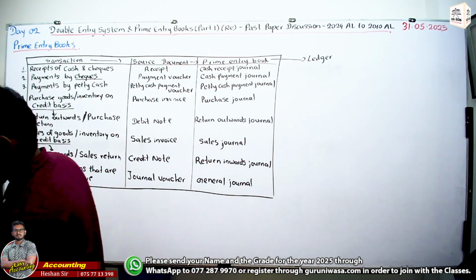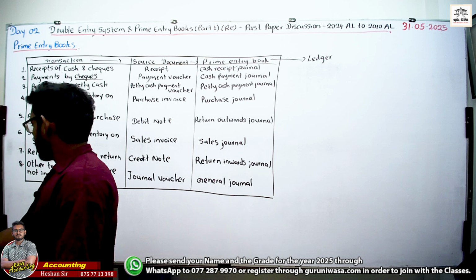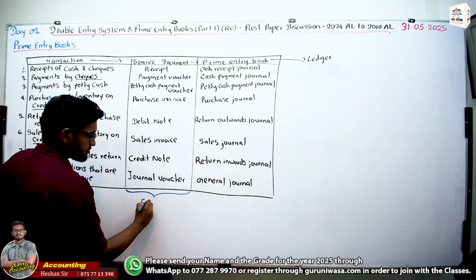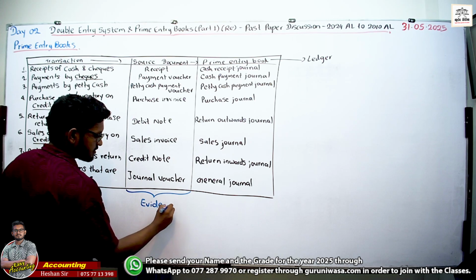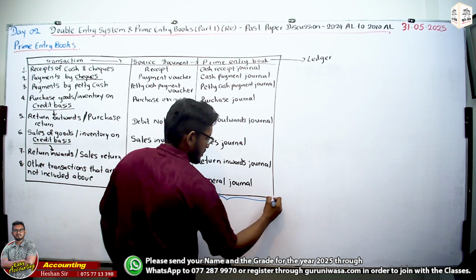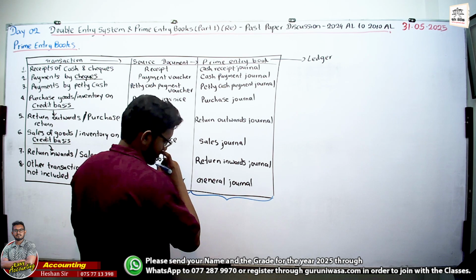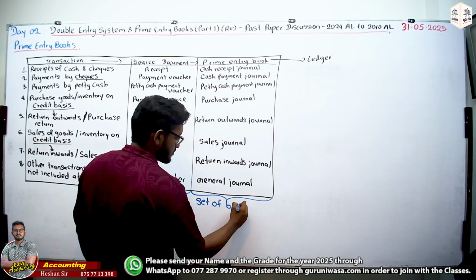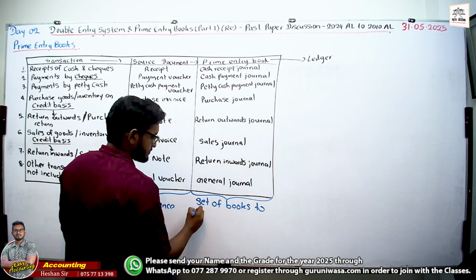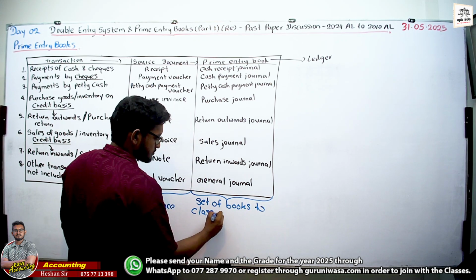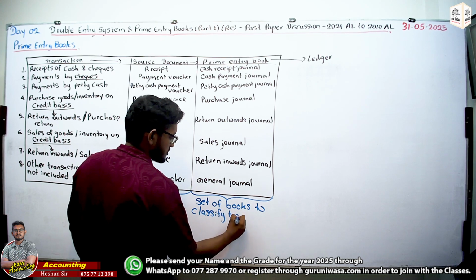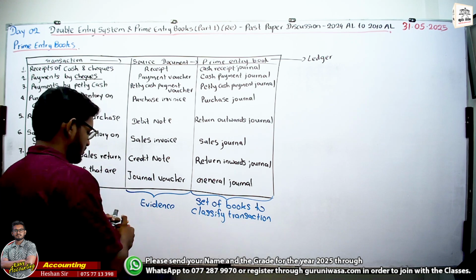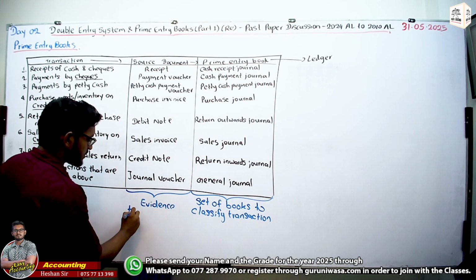Okay. Source document is an evidence to prove the transaction, right? So primary books are a set of books to classify transactions. Similar transactions are written in similar books. This is the evidence to prove the transaction.